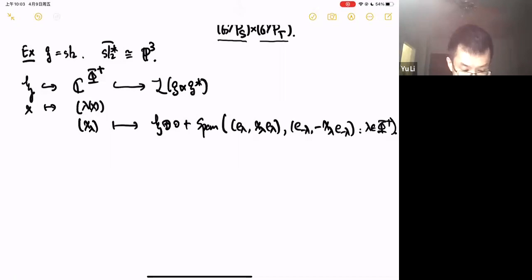Then it's clear that this composition is the embedding of H into L, as we saw above.